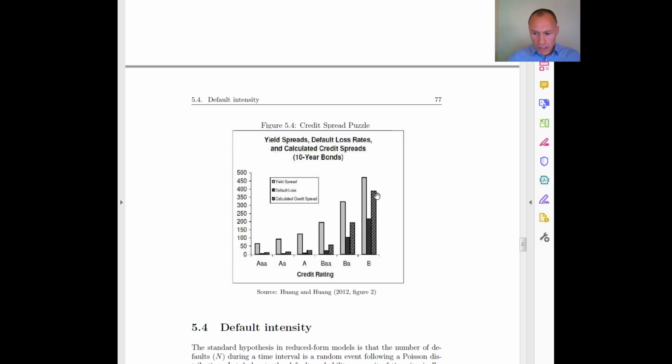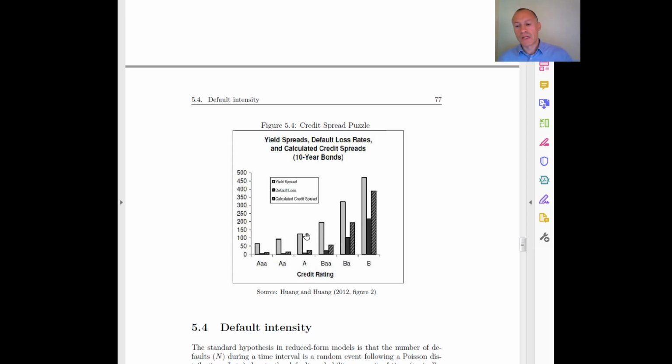The rightmost bar, this one here, and this one here, and so on, shows you the spread that you should be observing for a reasonable level of risk aversion and for the losses that you typically observe. The point is that what you actually get in the market is much higher than what you should be observing. And that's particularly true for the safer bonds.